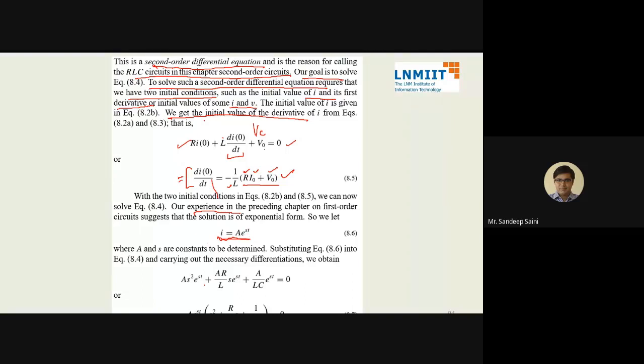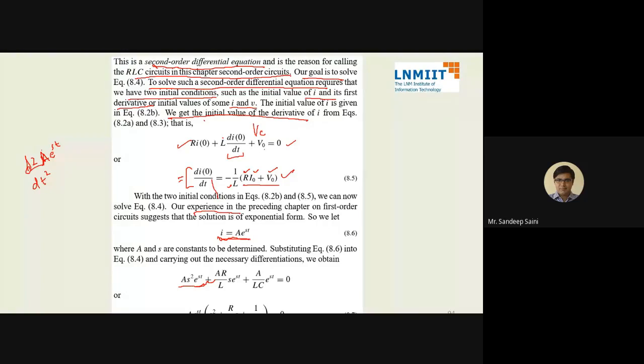Now look at d square I by dt square. If you put I is equal to A e raised to power st, what will be the second derivative of this term? It is A into s square e raised to power st. Okay.